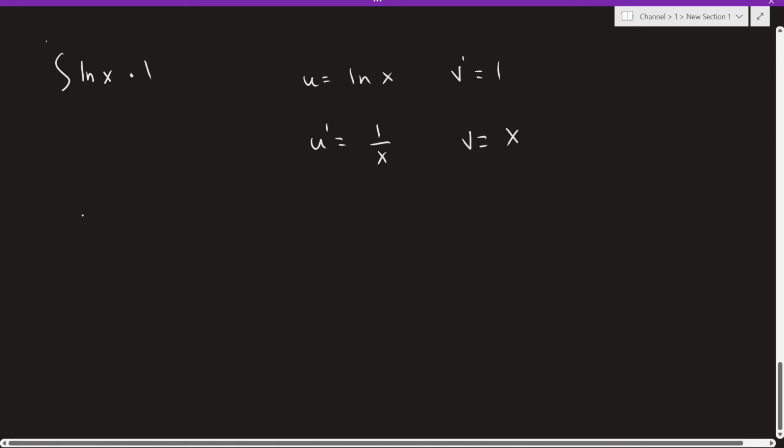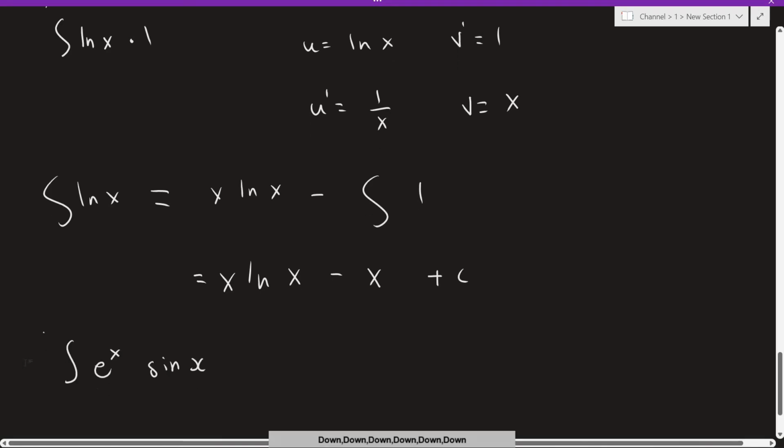Okay, now apply the formula. So ln x times 1 is equal to x ln x minus the integration of x times 1 over x, which is 1. Integration of 1 is x, so it's going to be minus x plus c. Next question.